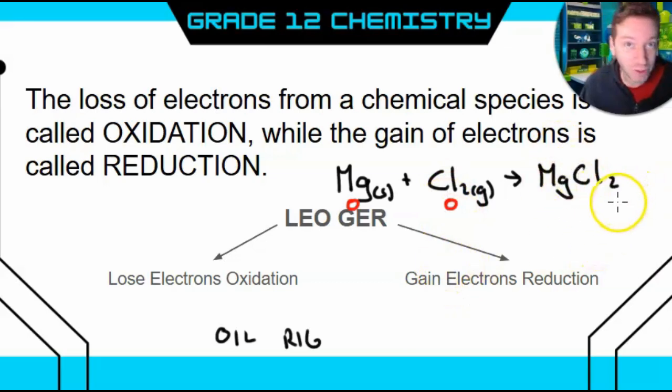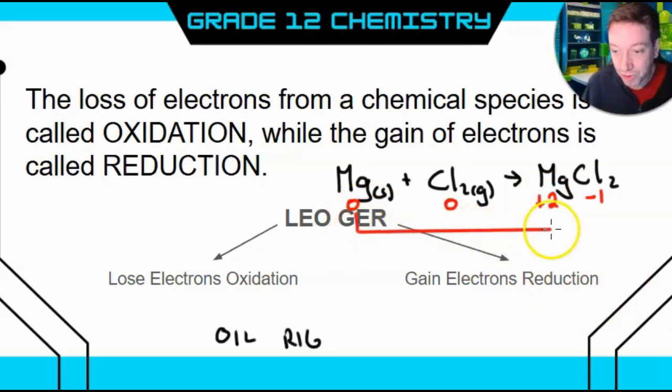But in magnesium chloride, that's an ionic compound, chlorine creates a -1 ion, so it has a charge of -1, and magnesium has a +2 ion. So magnesium goes from 0 to +2.